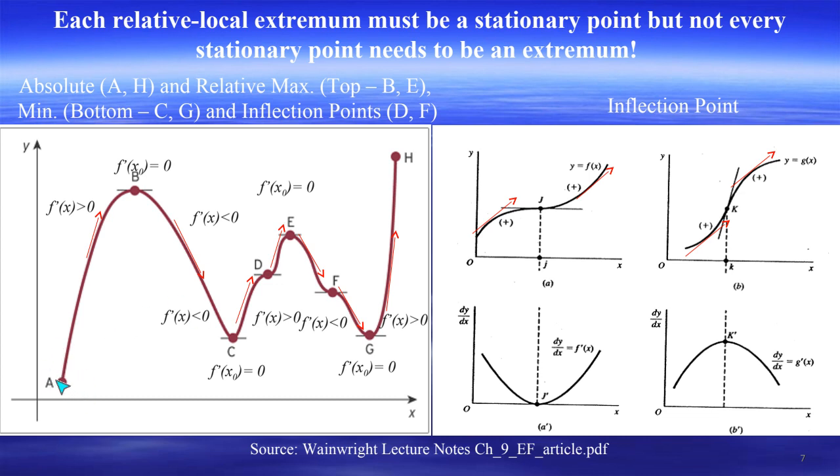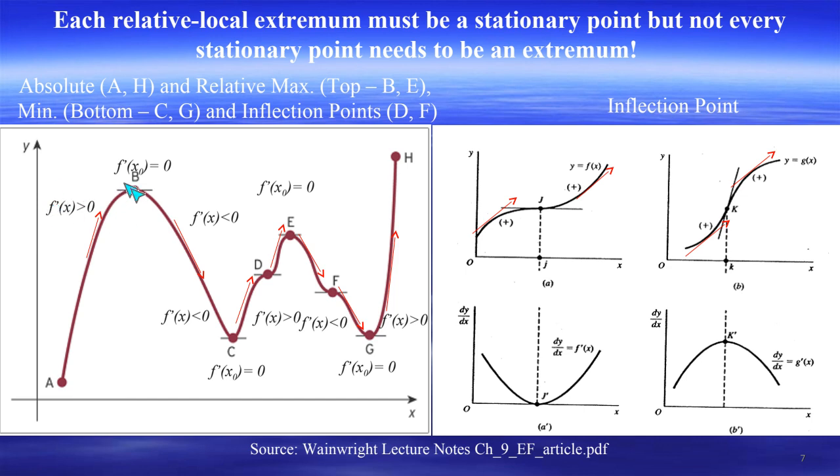First, we have the absolute minimum, which is A, and the absolute maximum, which is H. We are not interested in them. We are interested in local minima, maxima, and inflection points. So from A, we go to B. We climb uphill, we go upwards. How do we know it?